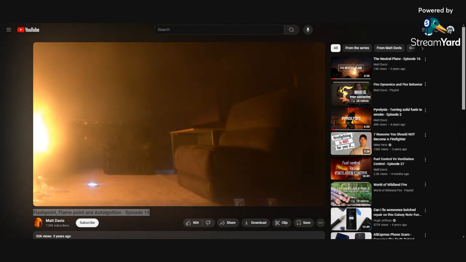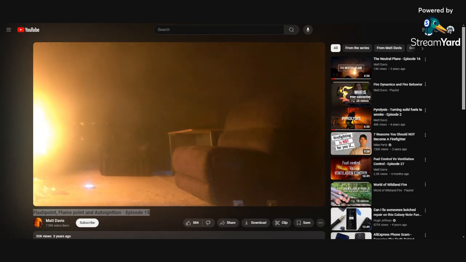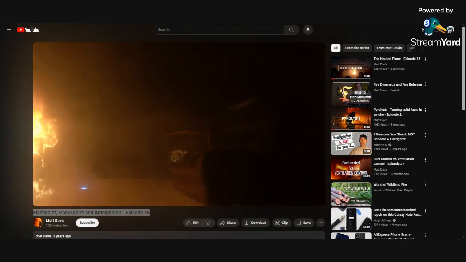Now, for a really good example of our solid fuels going through the stages of starting to pyrolyze and then reaching an autoignition temperature, we can actually look at structure fires. And I've covered some of this when we were talking about flashover, because essentially that's what's happening inside a structure fire. We can see here we have a fire burning on the left-hand side of the screen, and we have our couch on the right-hand side, and slowly but surely that couch is being exposed to more and more heat, and it begins to break down.